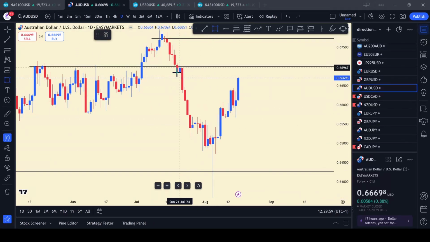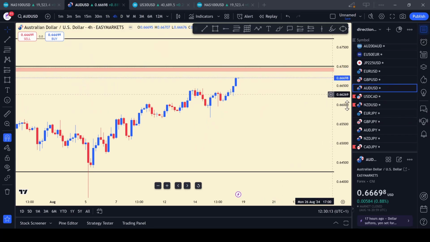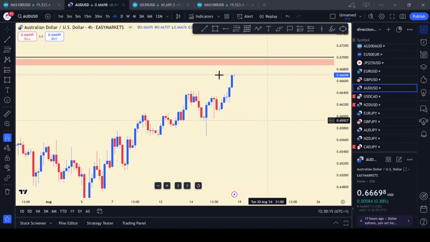And we have some form of obstacle here on the daily. So before price gets here, we can go to the 4-hour, capitalize on the move to push it up in there. So let's see the 4-hour time frame. Will the 4-hour give us any retracement down?